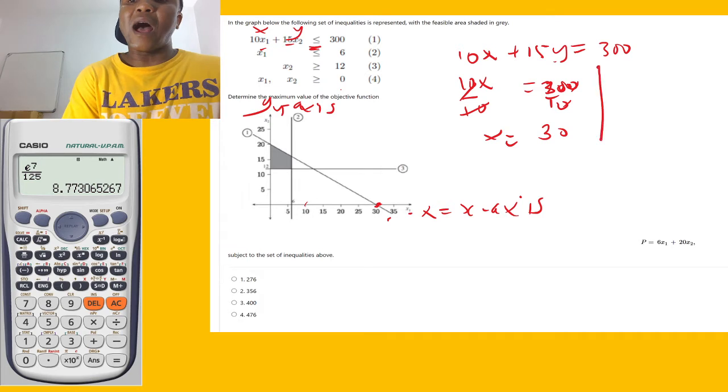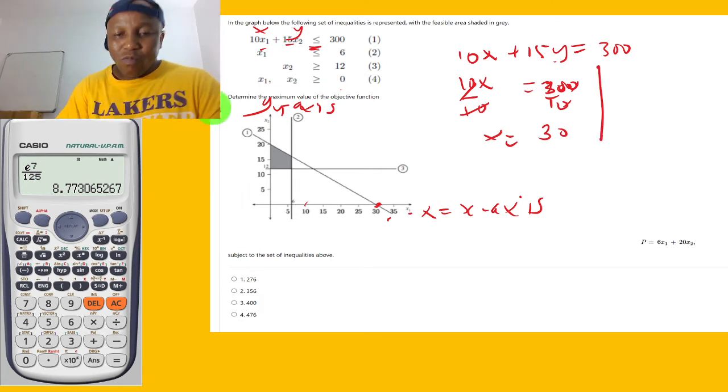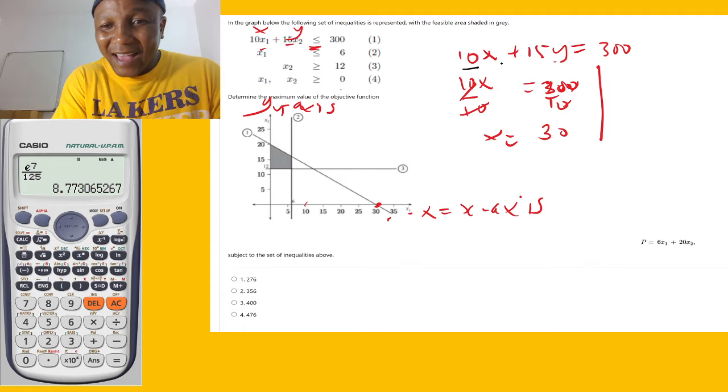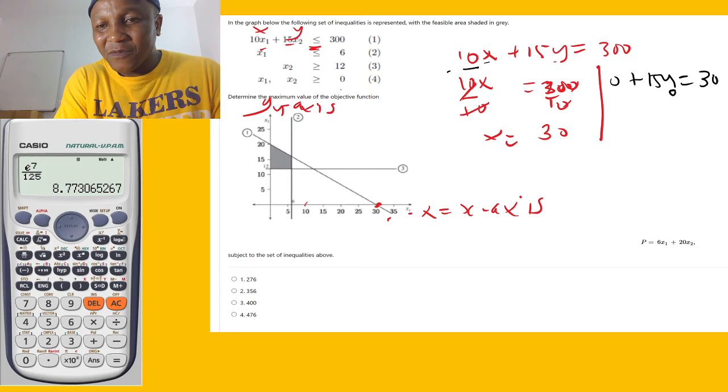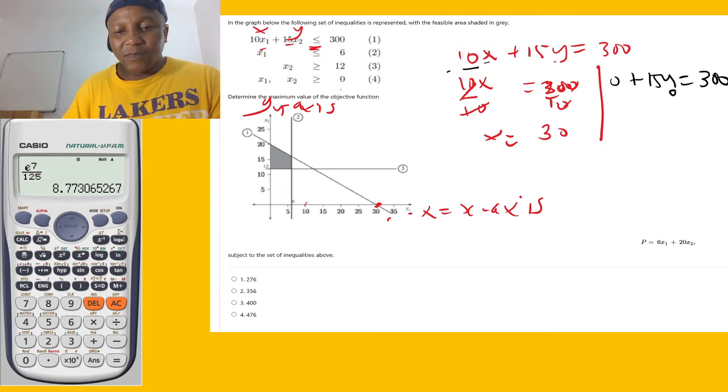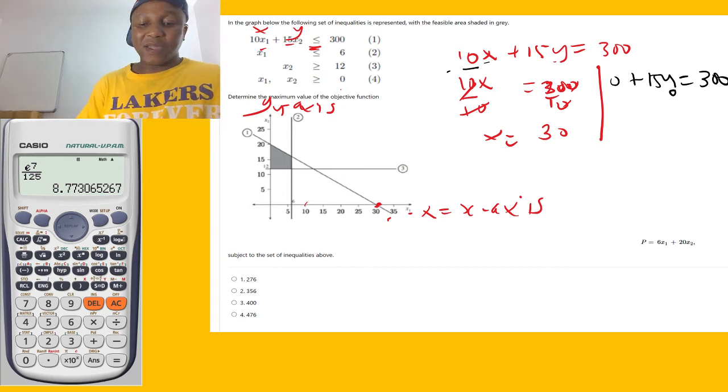Now, for the y-intercept, x equals 0, so it's going to be 0 times 10 equal to 0, and then 15y equal to 300. So, that's the same as saying, sorry, oh, my pen just dropped, my apologies.